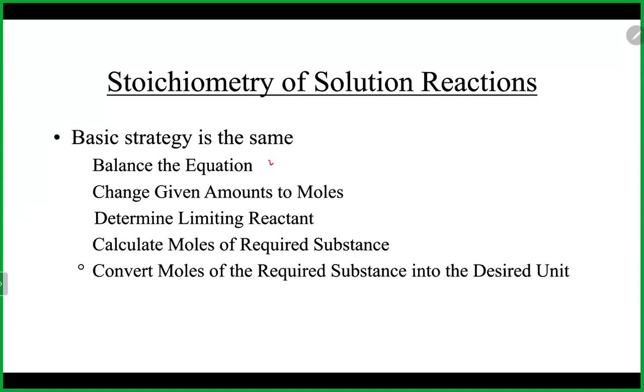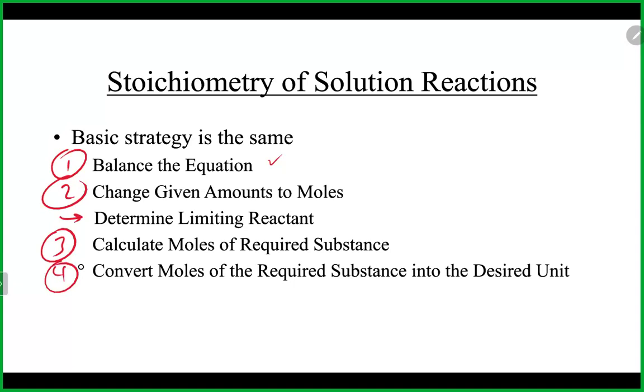It is still your same basic steps in your stoichiometry process there. You want to balance your equation. You want to change whatever they give you to moles. You want to determine if it is a limiting reagent problem, and if so, you need to do a calculation to determine which one's the limiting reagent. You want to calculate the mole to mole required. So you want to do your mole to mole relationship, and then finally your moles to some other unit.